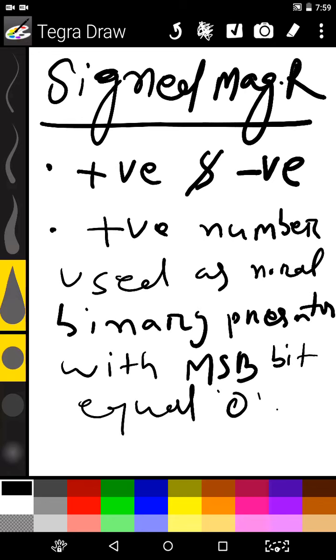An extra MSB bit is added as a sign bit. For a positive number, the extra MSB bit added is 0. For a negative number, the MSB bit will be 1.